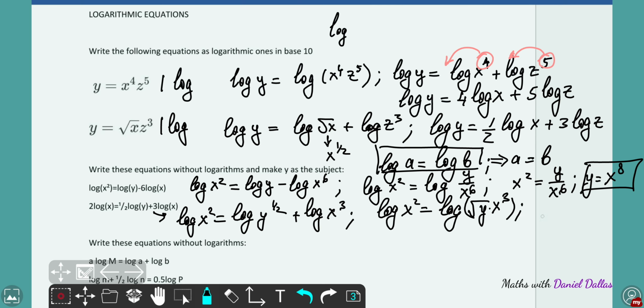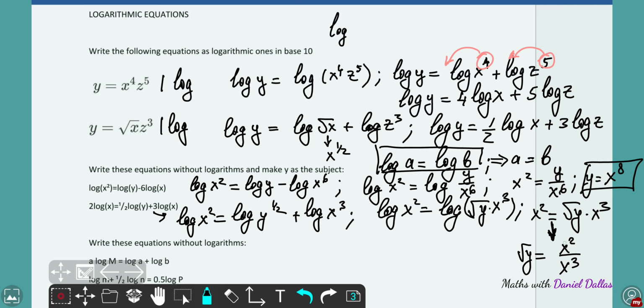So not finally, but almost the last step, we can say that x squared is going to be equal to the square root of y times x cubed. So here is the square root of y, we need to express it first, so in the bottom part we will have the square root of y equal to x squared over x cubed.